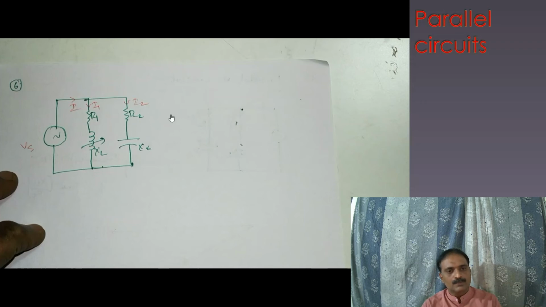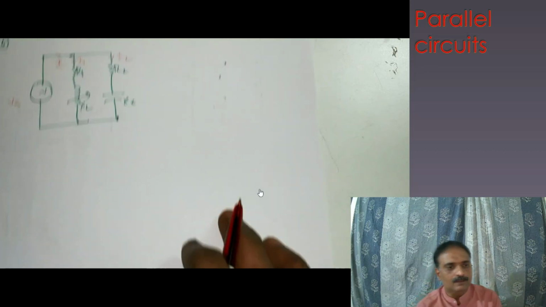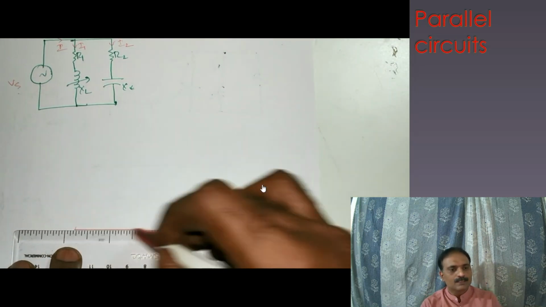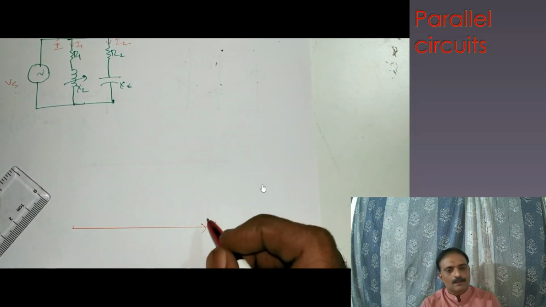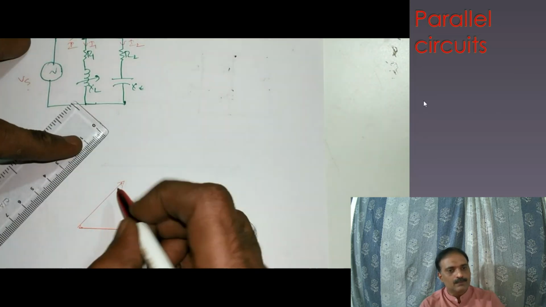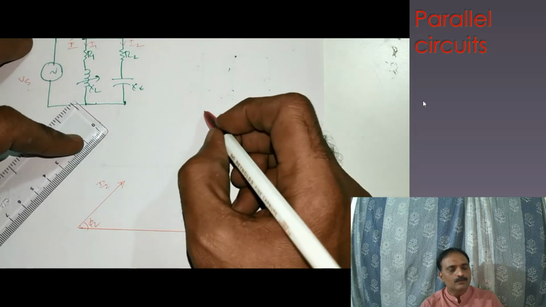So first we are going to draw I2 leading by some phase angle which is given by tan inverse of XC by R2, and after that again I1 is the locus. Already we have seen the locus of this combination, that is series resistance and inductive reactance. So let me show you the combination of these particular things. First of all, let us consider voltage as the reference here and draw I2 first, leading by an angle of phi 2.